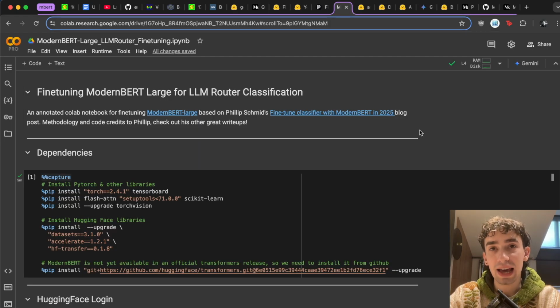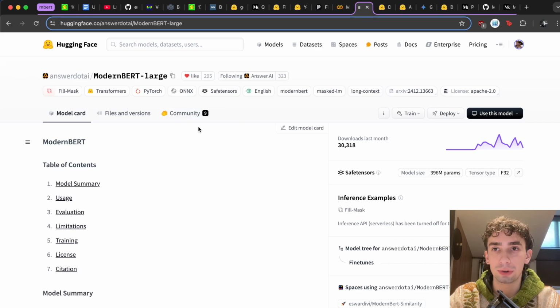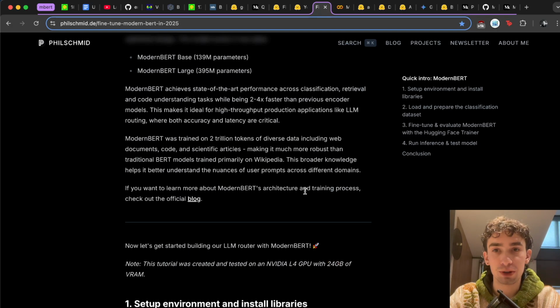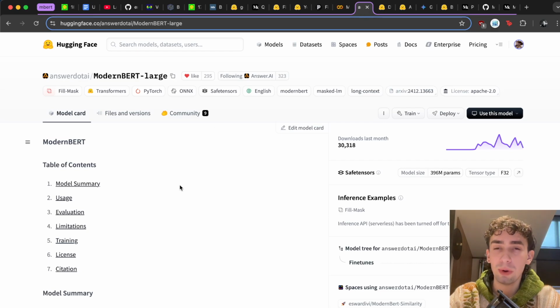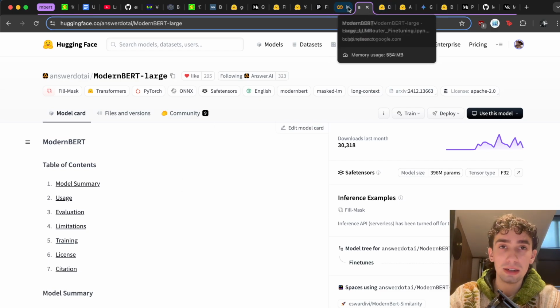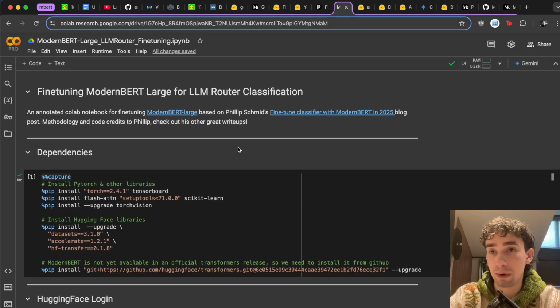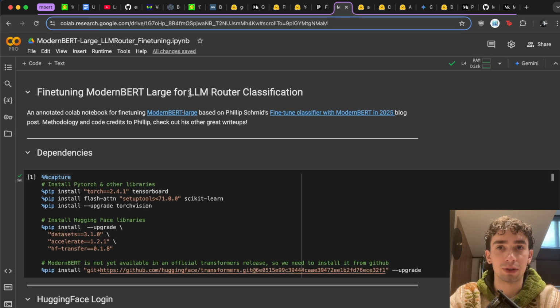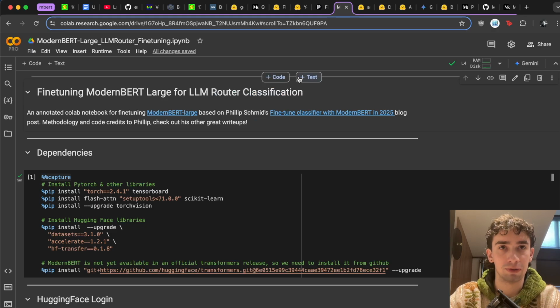So to start, we have our candidate model, which is of course going to be ModernBERT. I chose to do ModernBERT large because Philip just did the ModernBERT base and I wanted to see if there was any difference with the large model myself here. And then we need our candidate for what we want it to do. And as mentioned, it's going to be LLM router classification.